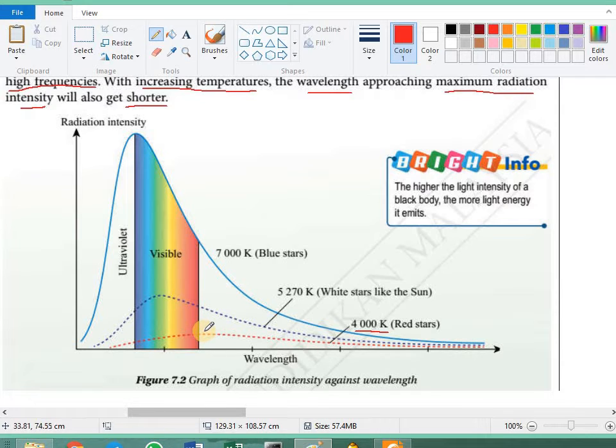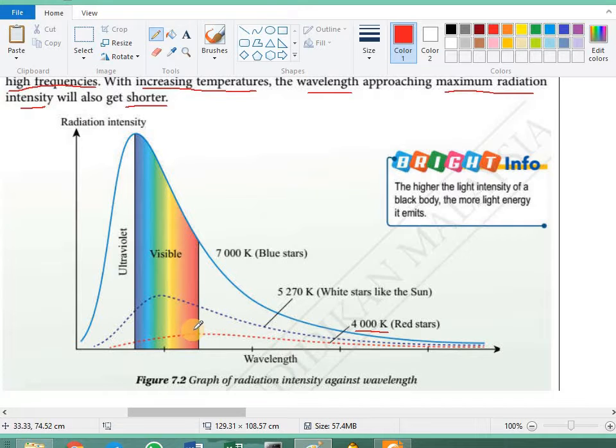The radiation that is emitted, because the temperature is lower, means the frequency of oscillation will also be lower. And when the frequency of oscillation is lower, then the frequency of the radiation that is emitted will also be in the lower frequency. If the frequency is lower, that means the wavelength will be longer.